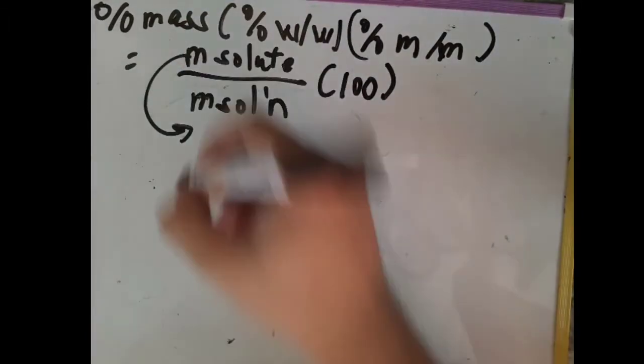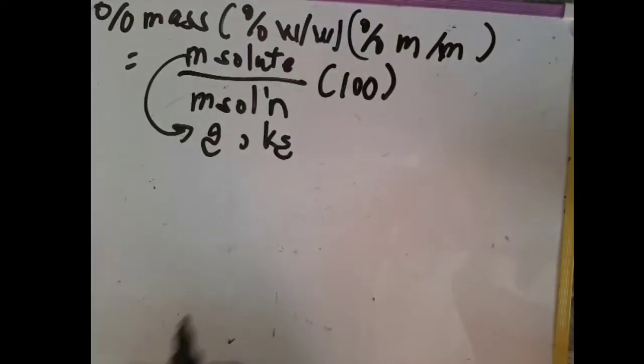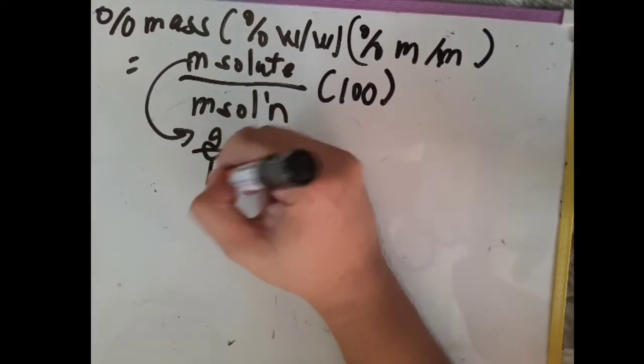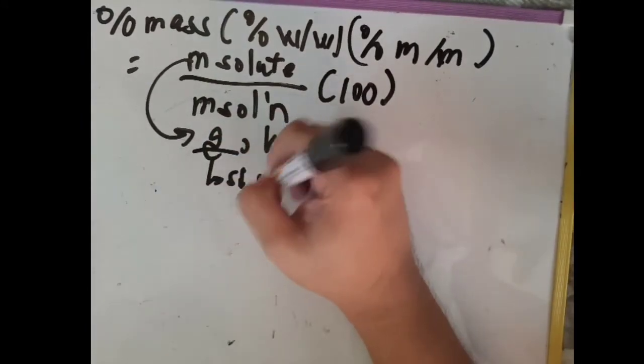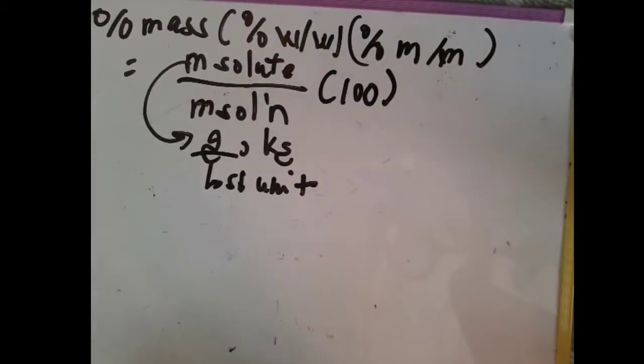Now, the mass of the solute could be grams, kilograms, or whatever unit of mass that you would like to use. But since grams is the SI unit, we will be expressing mass of solute and mass of solution in grams in this case.